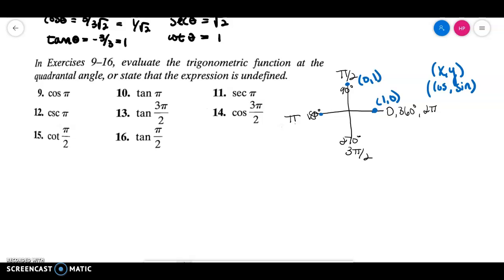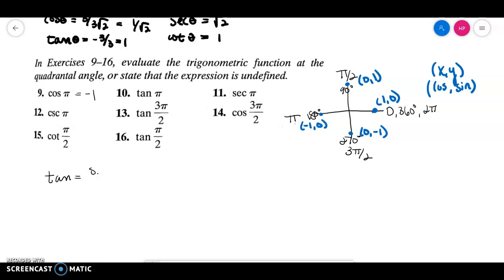If I go left, then I go left, -1, 0, and then down is 0, -1. So while I'm working through these problems, if I have just that component of the unit circle, I can knock a lot of these out. The cosine at pi would just be the x coordinate. This is simply -1.